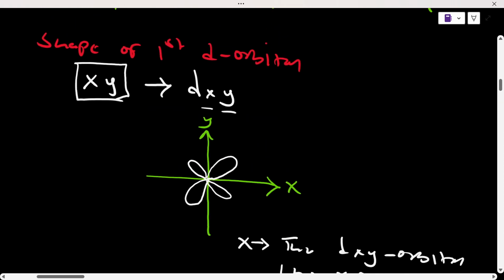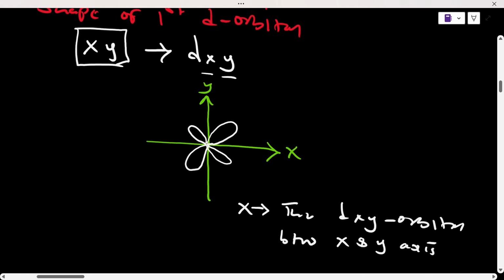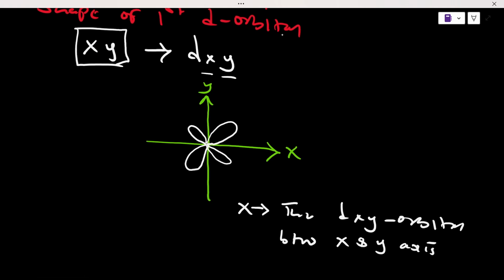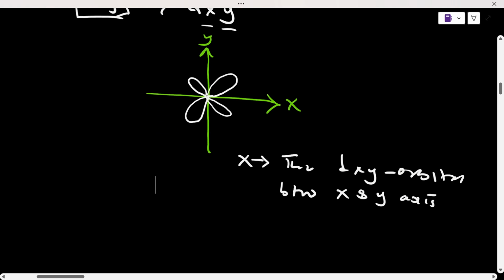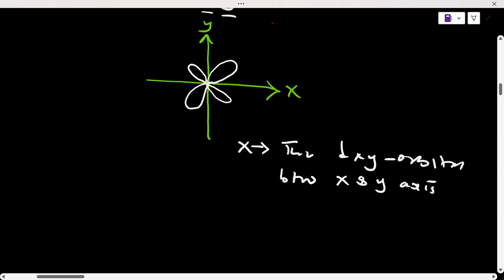Next, the shape of the second d orbital.